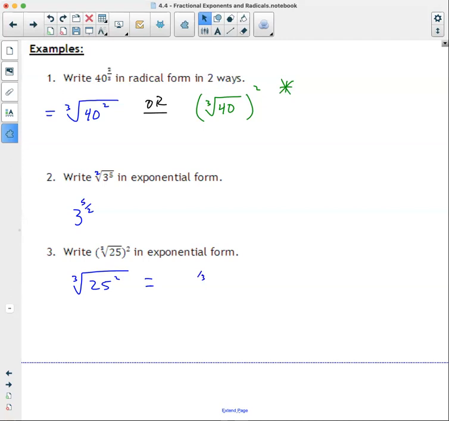The exponent of the radicand is the numerator, and the base is 25. Okay, so be able to convert from a fractional exponent into a radical, or from a radical into a number with a fractional exponent.